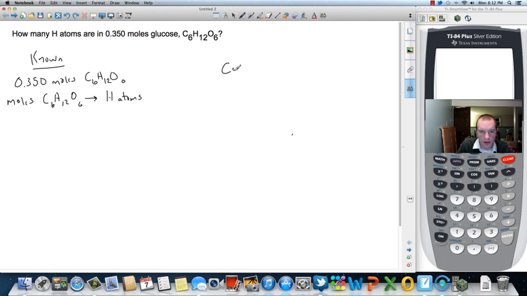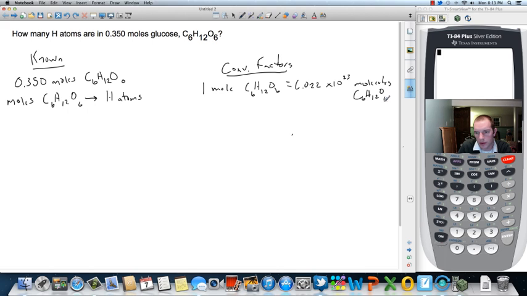So the question is, what are the conversion factors that are going to allow us to set this up? Well, we need to go from moles to atoms. What we know is that for every 1 mole of glucose, C6H12O6, that's going to equal 6.022 times 10 to the 23rd molecules of glucose, C6H12O6.